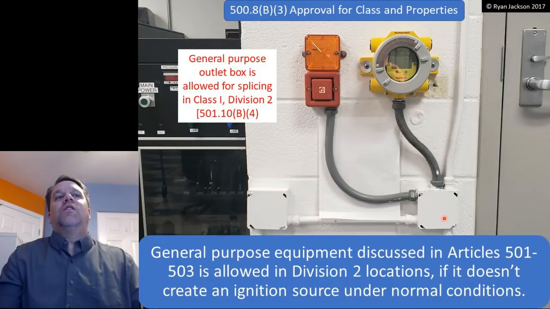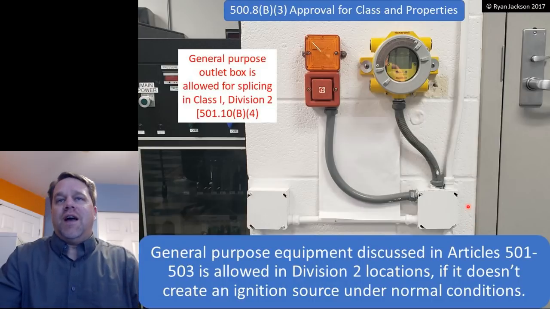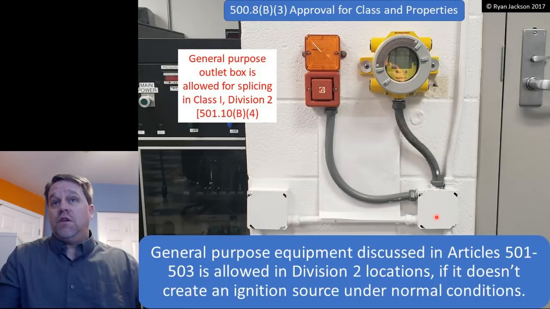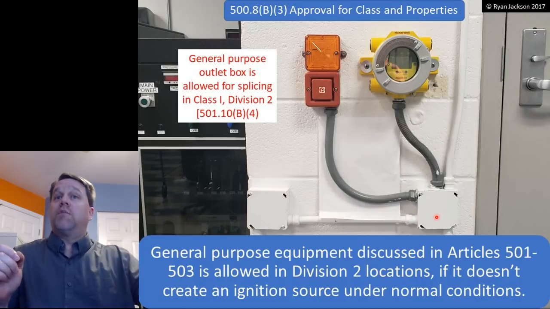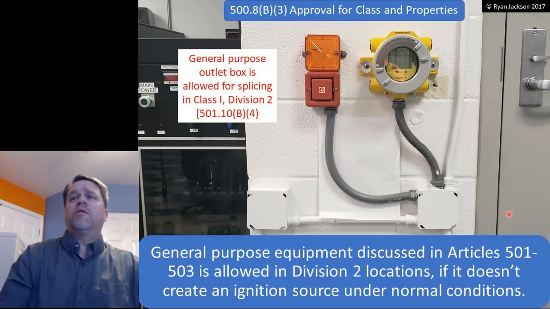In Division 2, we're not expecting explosions. So you can use general purpose equipment if it does not create an ignition source under normal conditions. If that's a switch, no, it can't be a general purpose enclosure because that is an ignition source, right? Make and break contact. But if it doesn't create an ignition source, a general purpose enclosure is okay.